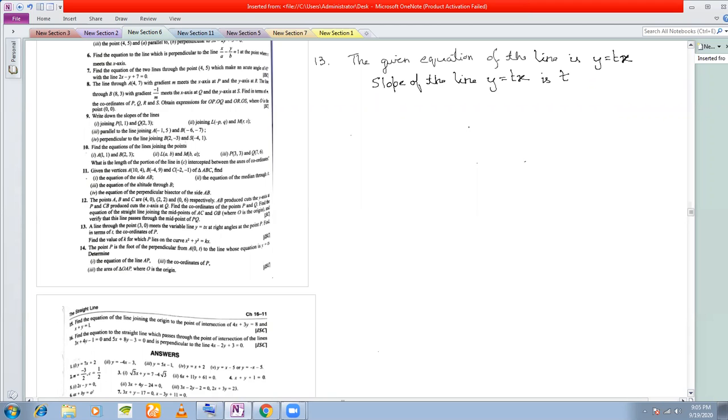Now, what should be the equation of the line that is through 3, 0 and perpendicular to this line of slope t? What is the slope of the line perpendicular to this line? Slope of the line perpendicular to y equal to tx is minus 1 by t, because we know that the product of the slopes should be minus 1 if the lines are perpendicular.